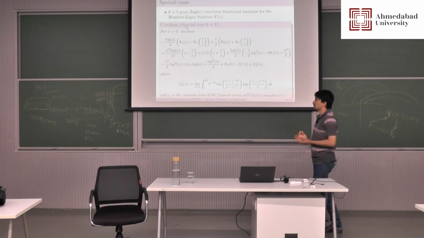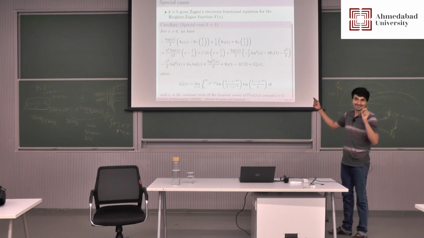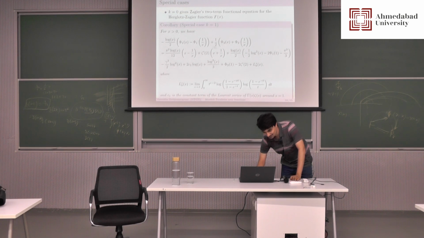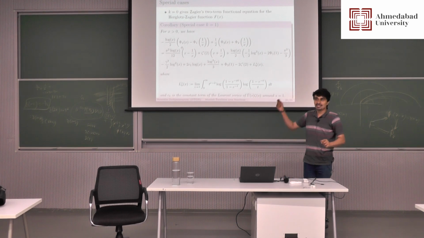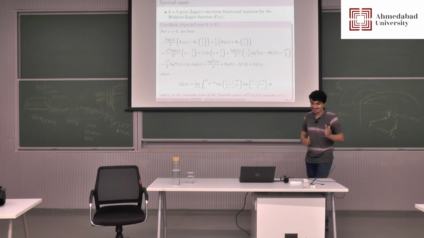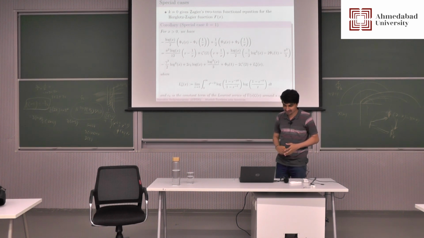Let's see how k equal to 1 looks. We want it for psi 2, but we won't get it for just psi 2. We get it for psi 2 as well as psi 1. If you want it for psi 3, you will have psi 3, psi 2 and psi 1. It starts from psi 1 to wherever you want, but not exactly the one which you want. At least we couldn't get it.